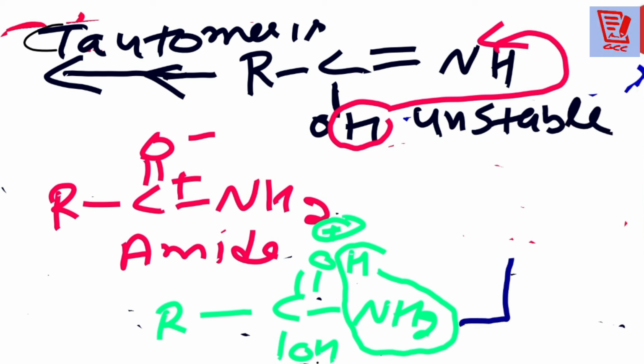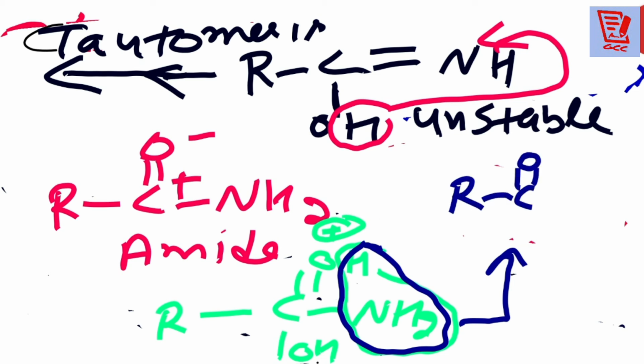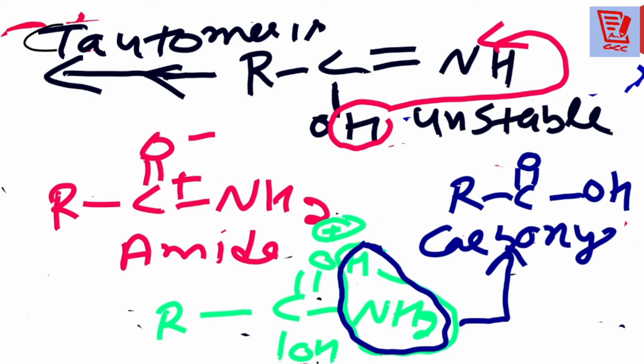Now this H will go along with the NH2. Ammonia will be removed. So what is left? RCOOH. This is called carboxylic acid. What do you call it? Carboxylic acid. Means with the complete hydrolysis we are getting a carboxylic acid. This was the first part of the reaction.